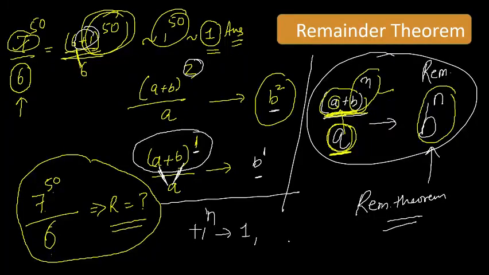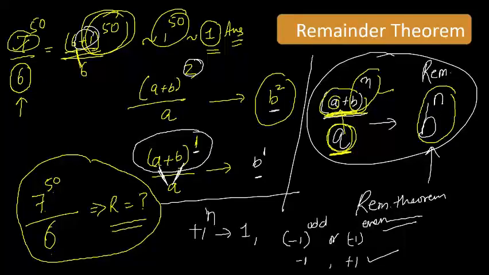But in case it is minus 1, then what you have to see is whether the power is odd or even. You must be knowing the difference between these two. If there is odd power of minus 1, you will get minus 1 as your answer, and if there is even power, then you will get plus 1 as your answer.